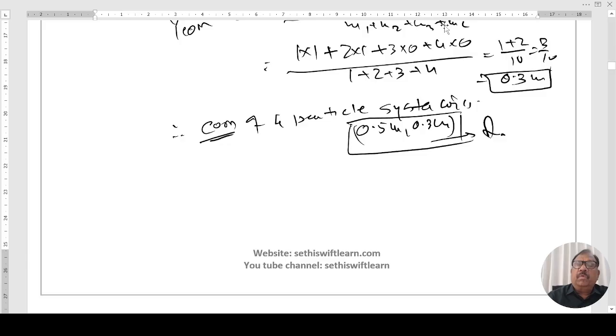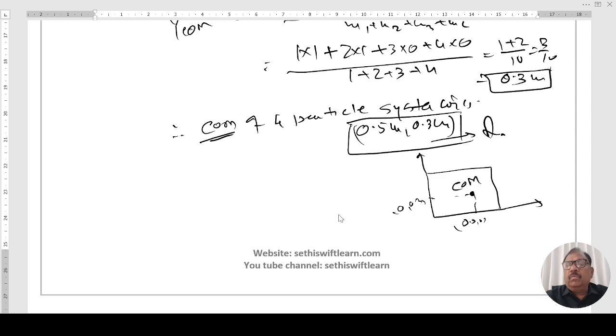In the diagram, if you want to show it, this is x-axis, this is y-axis, 0.5, 0.3. This will be the center of mass. Right? Next question.